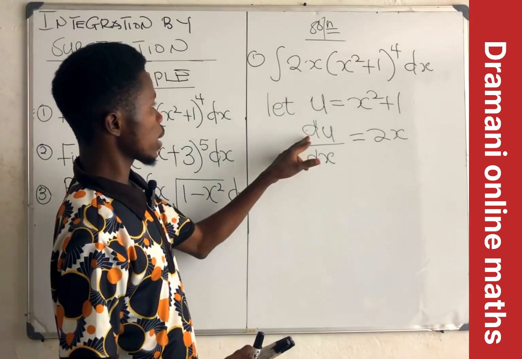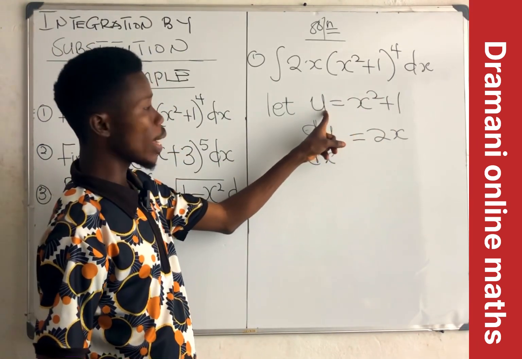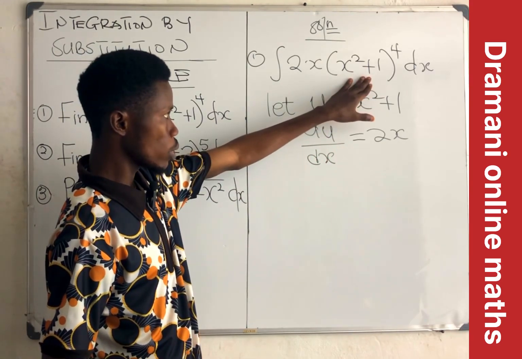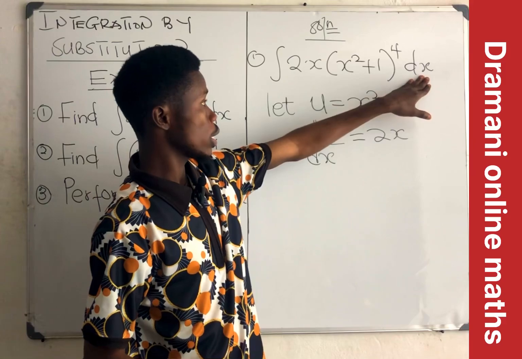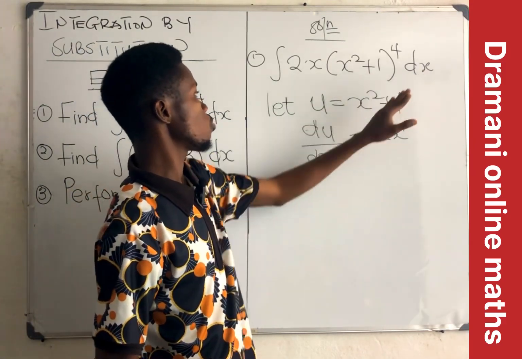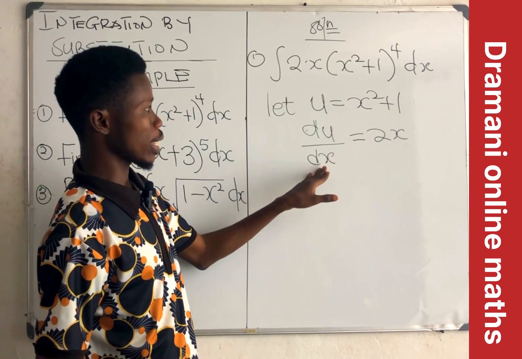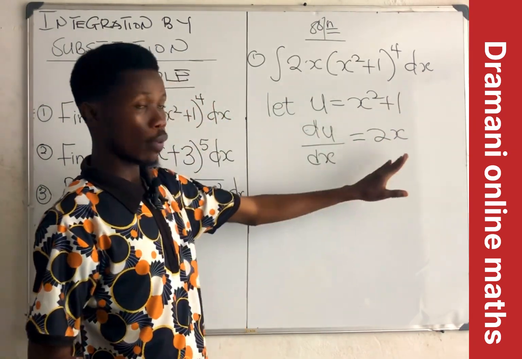The meaning of this is that we are going to replace x squared plus 1 by u. And once we replace it by u, the operator has to change, if not, the u will be treated as a constant. So we need to make dx the subject, so that wherever we see the x, we put whatever we have here.